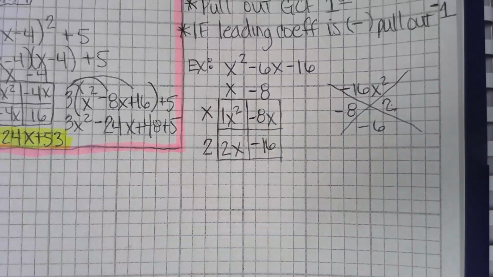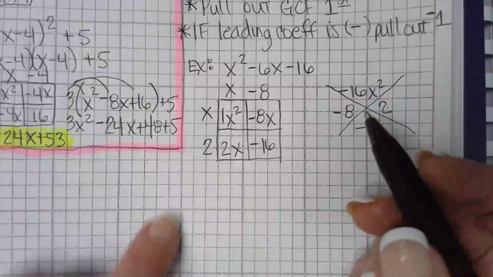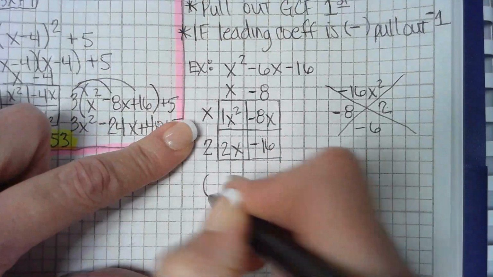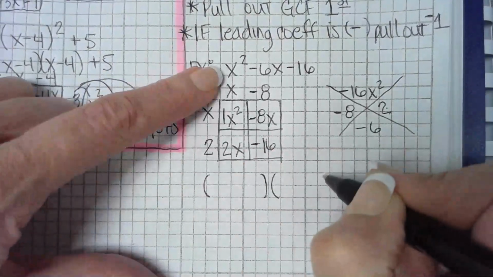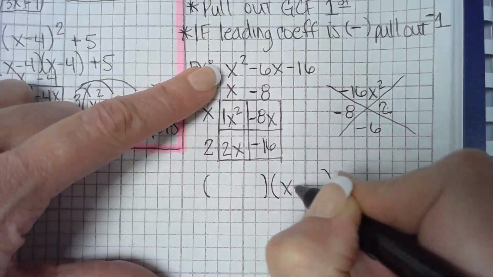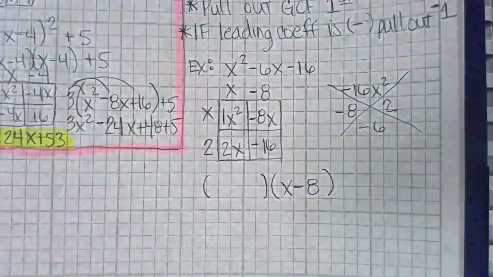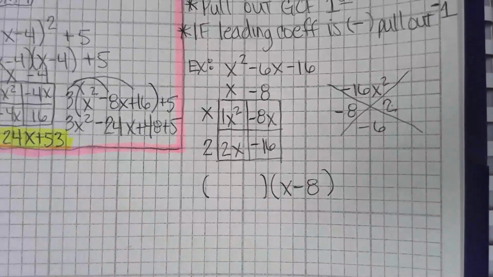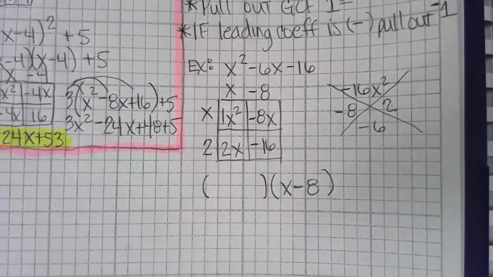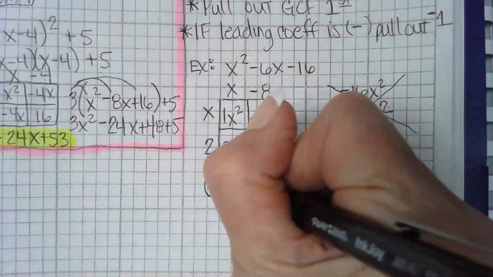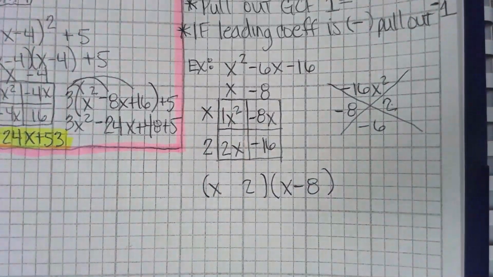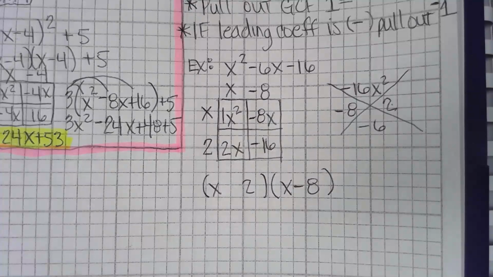Okay. There's our factors. Here's one parenthesis. Here's the other. So check this out. Okay, I know the sign with the 8. It's x minus 8. I don't know the sign with the 2. But what we need to do is we come over here. What were my signs? They were different. My signs in here have to be different.